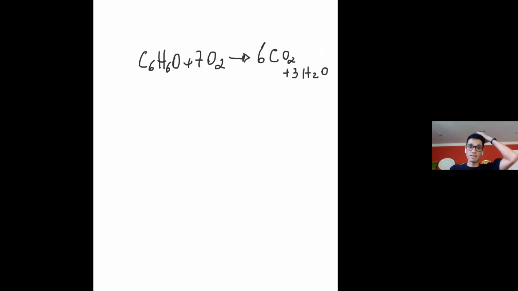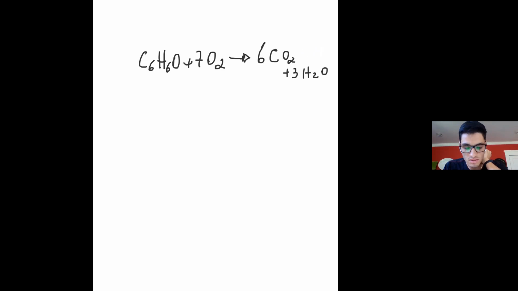All right. And just to make sure that this is right, we can count how many of each atom are going from one side to the other. We have 6 carbons on the left side and we have 6 on the right side. I have 6 hydrogens on one side, I have 6 hydrogens on the other side.